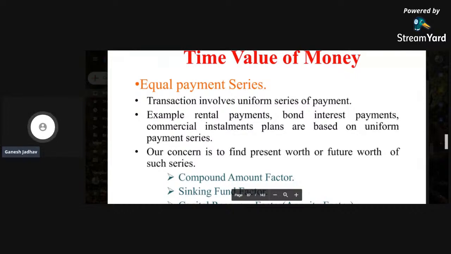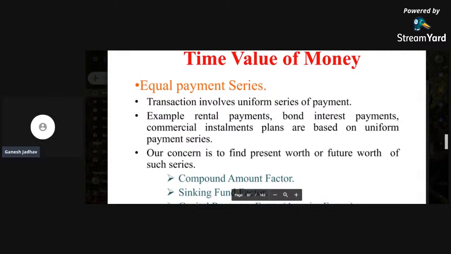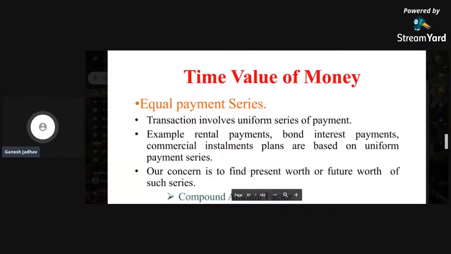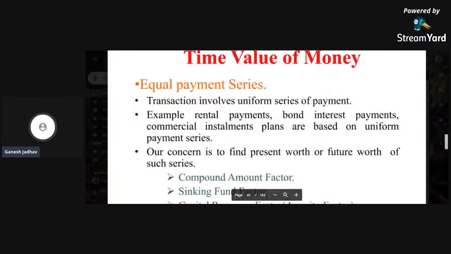For example, rental payments, bond interest payments, and commercial installment plans are based on the uniform payment series. What is a uniform payment series? It means regularity, installments at regular intervals.